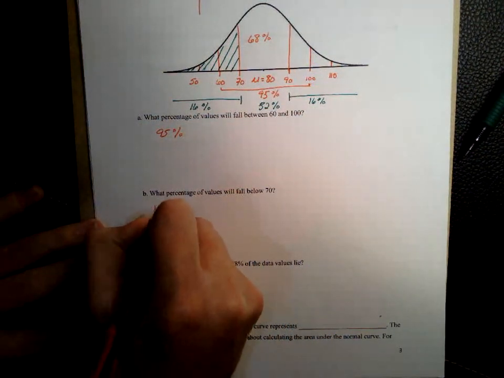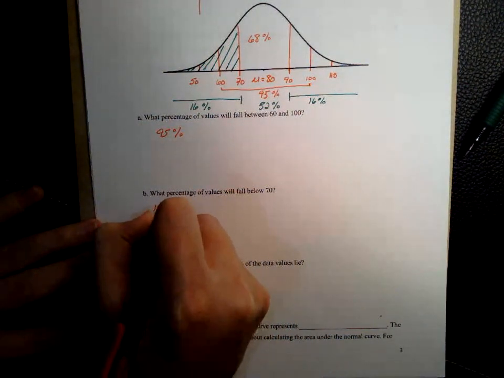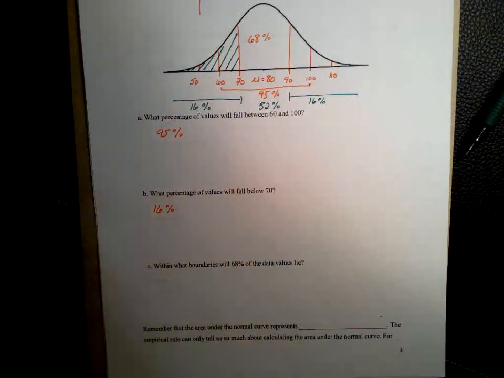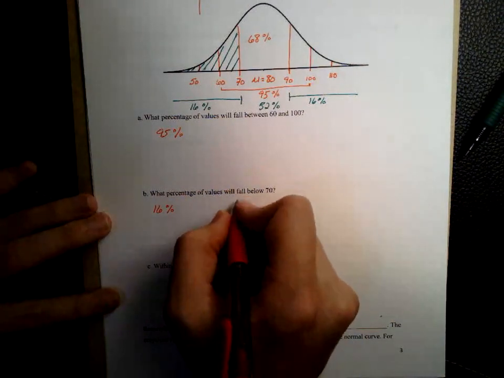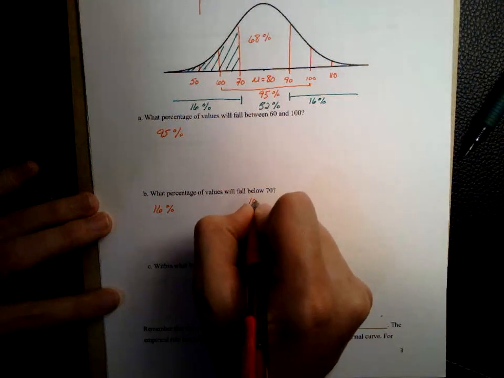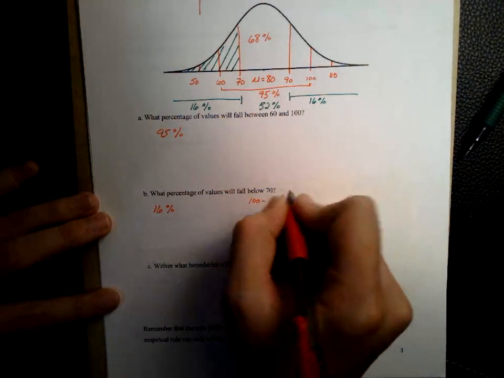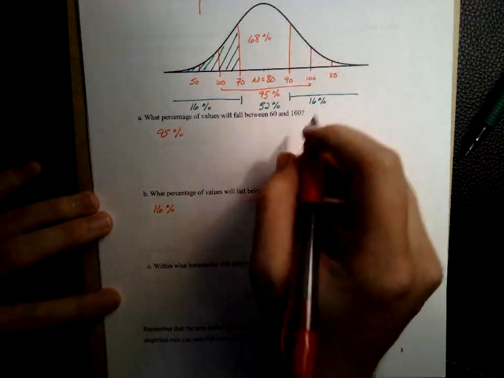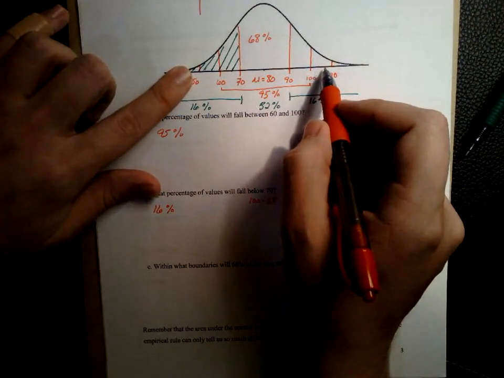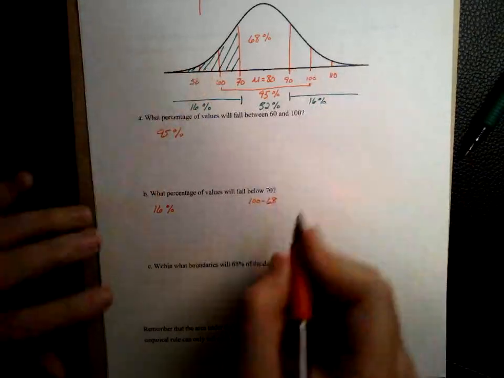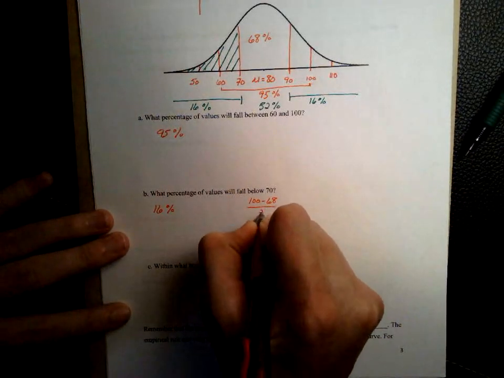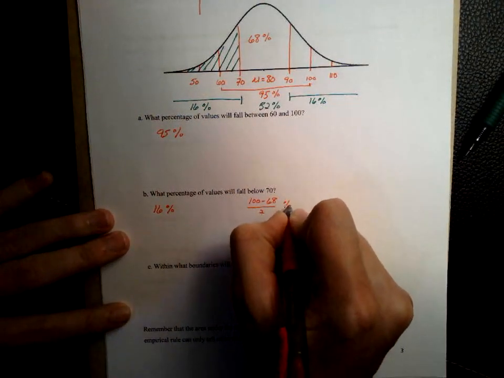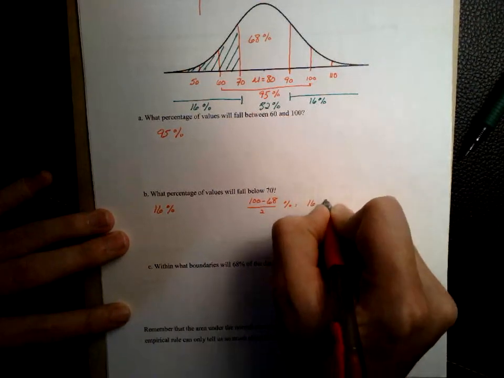So the percentage of values that fall below 70 is indeed 16%. Another way you could have said that is you take the total area of 100% minus the middle sector right here, and that'll give you the remaining area of these two parts, and then I divide that by 2, and that will give me 16%.